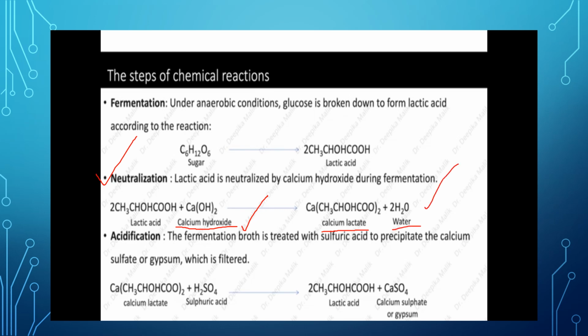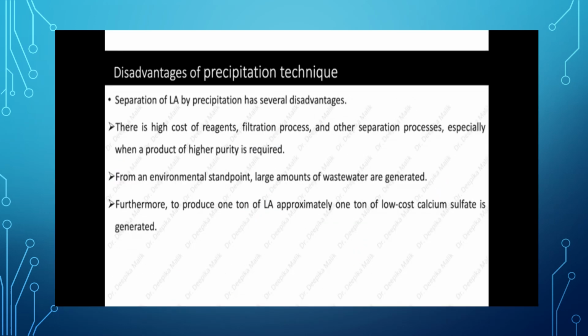After that, you will have to add some acid to it, like sulfuric acid. The fermentation broth is treated with sulfuric acid in order to precipitate calcium sulfate, also called gypsum. When you add sulfuric acid, the calcium sulfate or gypsum gets precipitated, and there are some disadvantages of this technique.